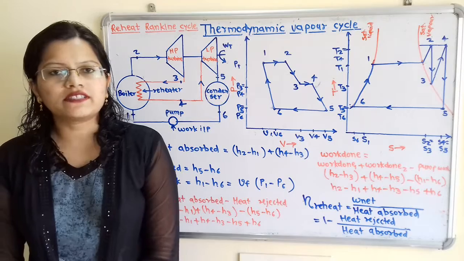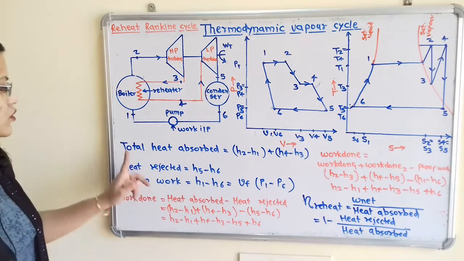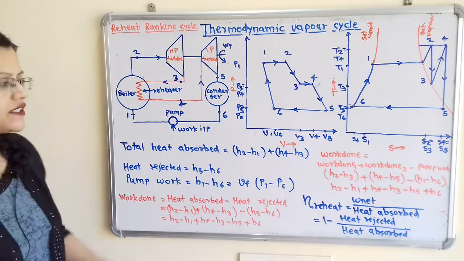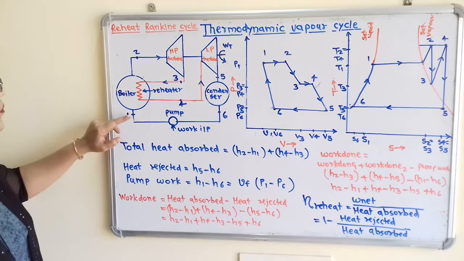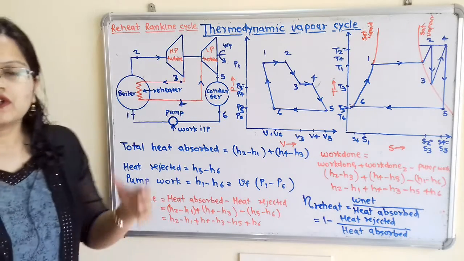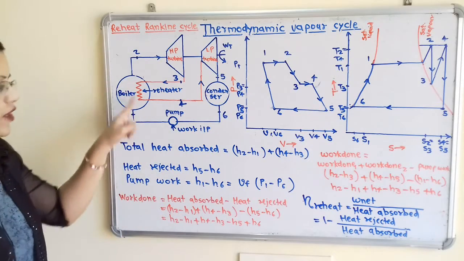Now we will understand some formulas with the help of this diagram. First is total heat absorbed. If we observe this process, the heat absorbed is during the process 1 to 2 as well as process 3 to 4. So this heat is getting absorbed by the working substance from the boiler.